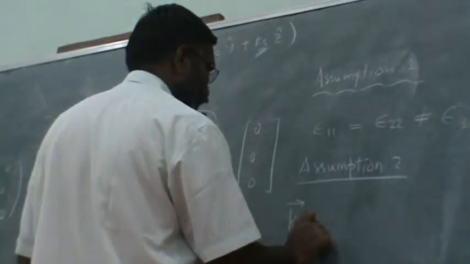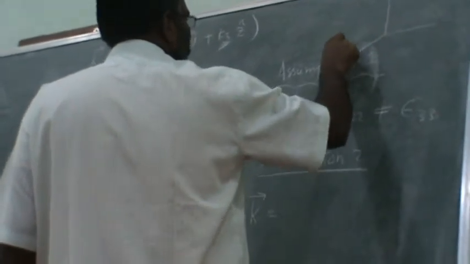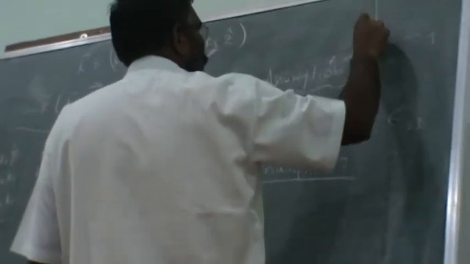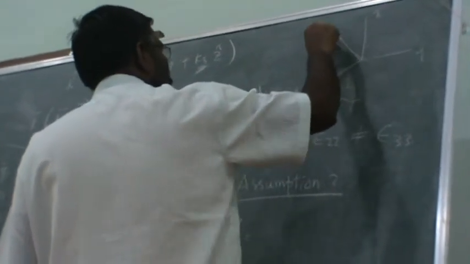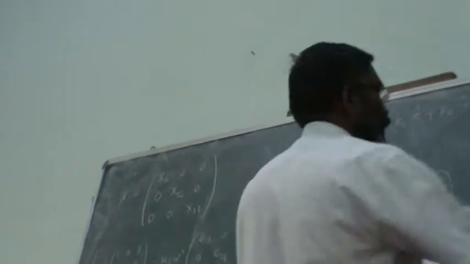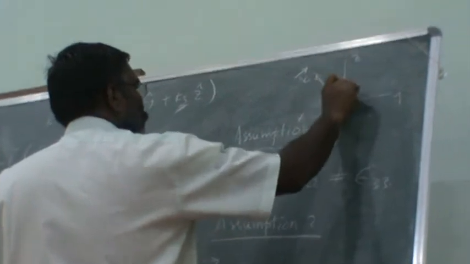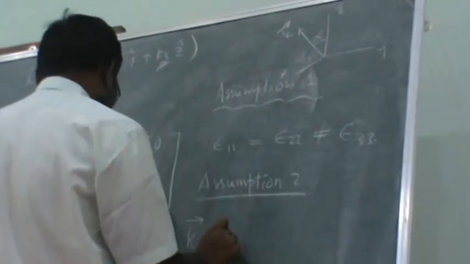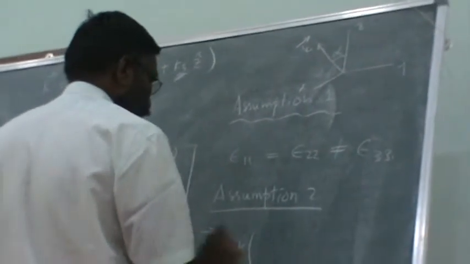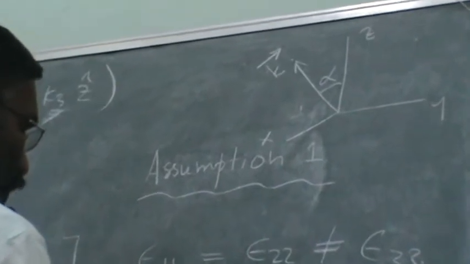So imagine you have x, y and z axes. I am choosing k in this xz plane such that if I choose this angle to be alpha, then I have k as k times x cap into sine alpha plus z cap into cos alpha.